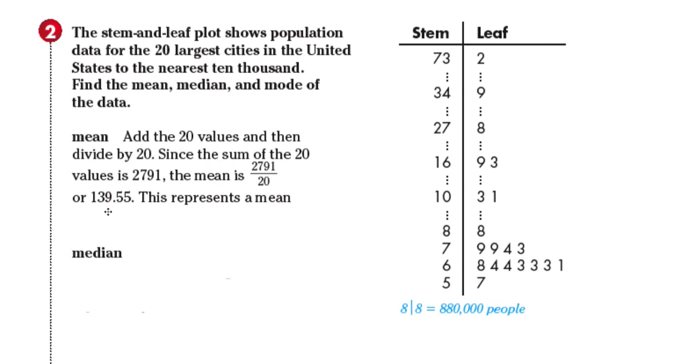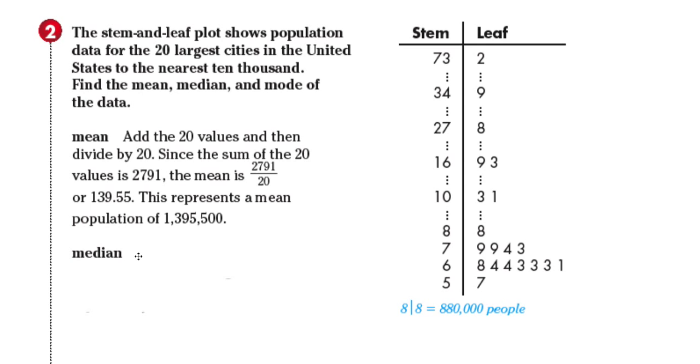This represents a mean population of 1,395,500. Because if you look at the legend or the key, 8|8 would indicate 880,000 people. So these are in 10,000s of people.